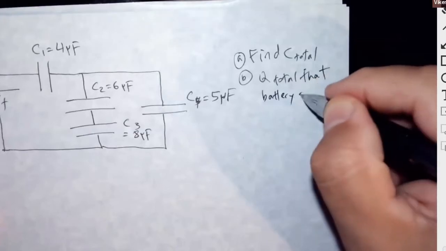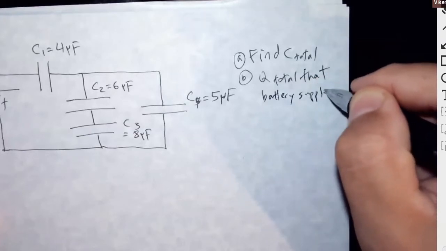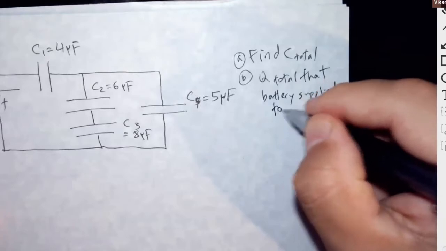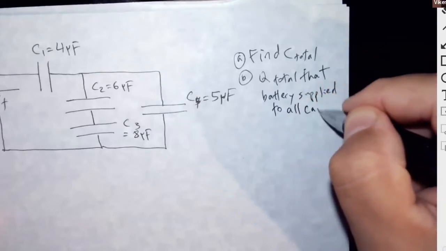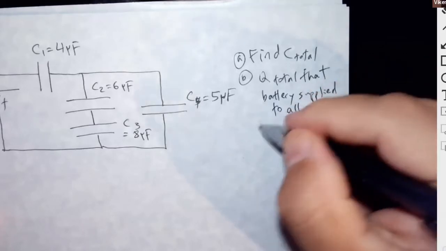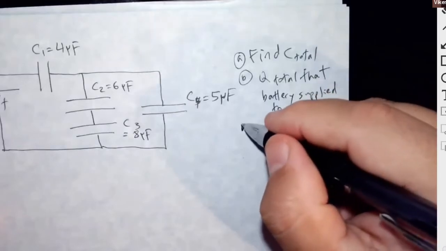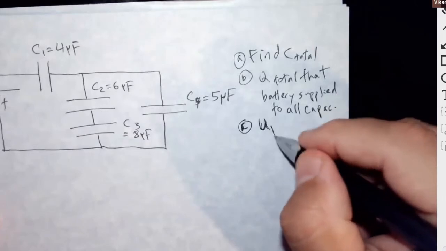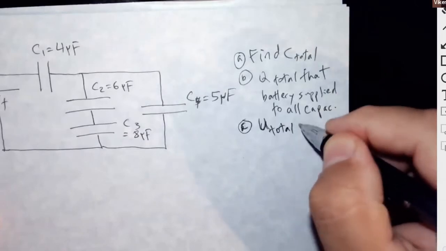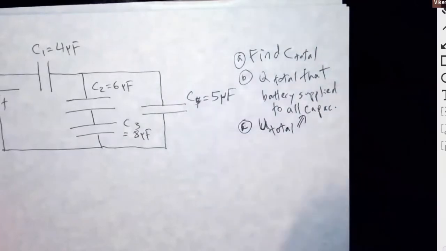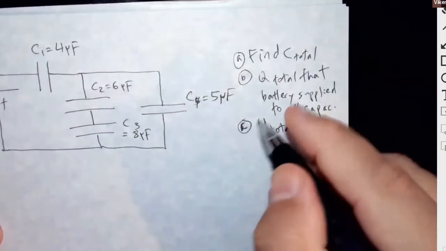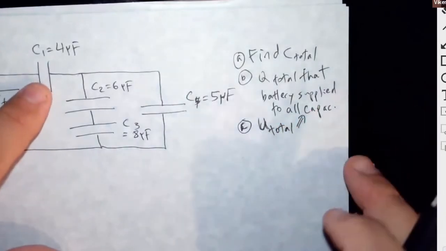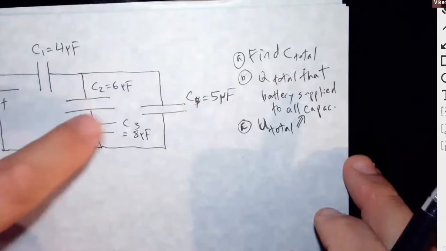And we could also find the total energy that the battery has supplied. So same idea. And then we can break it down and ask for the charge of each particular capacitor.